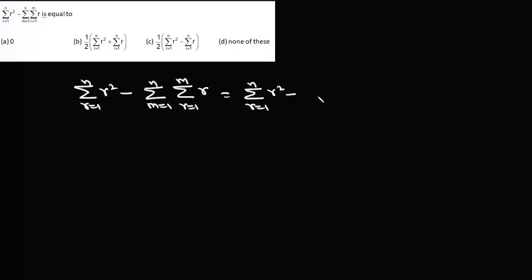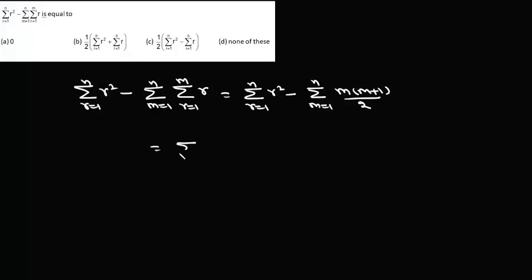Now the question is, we need to simplify this expression, which is summation r varies from 1 to n, summation r square, minus summation m varies from 1 to n, summation r varies from 1 to m, summation r. Now first we simplify the summation r. We can write summation r varies from 1 to n r square, minus summation m varies from 1 to n, and this is m into m plus 1 by 2.